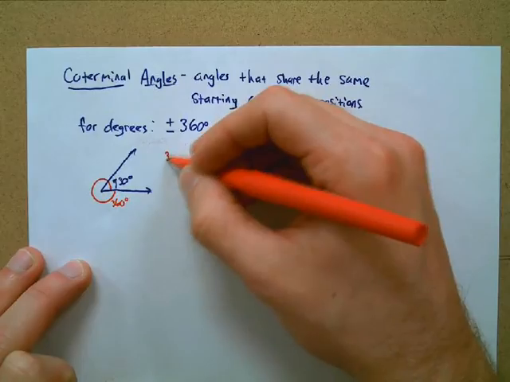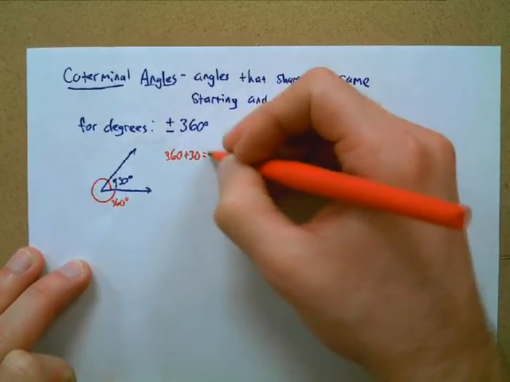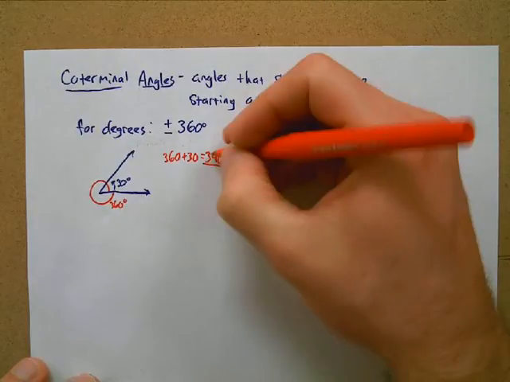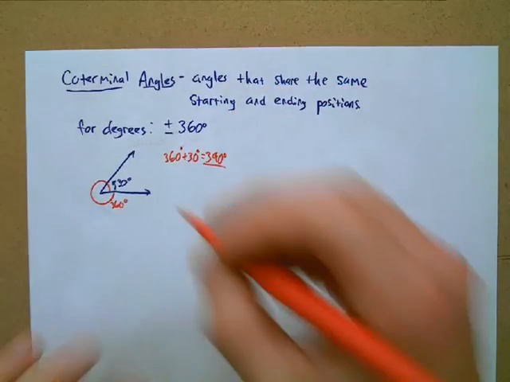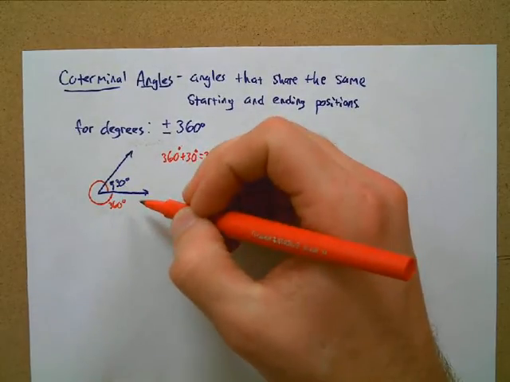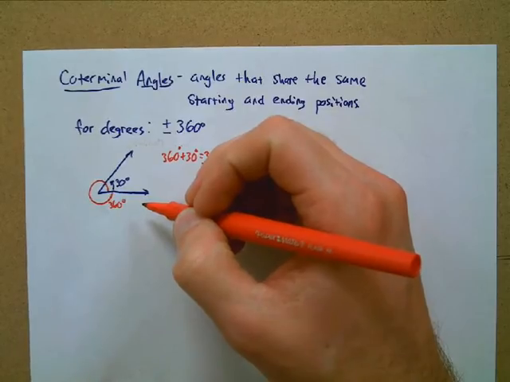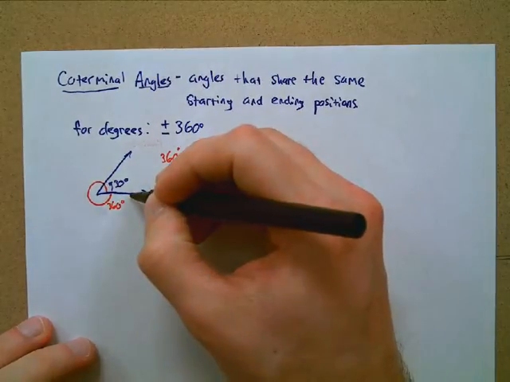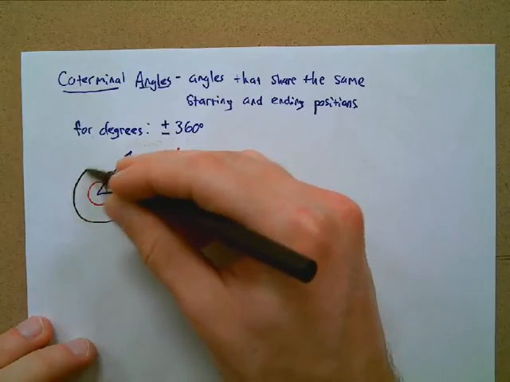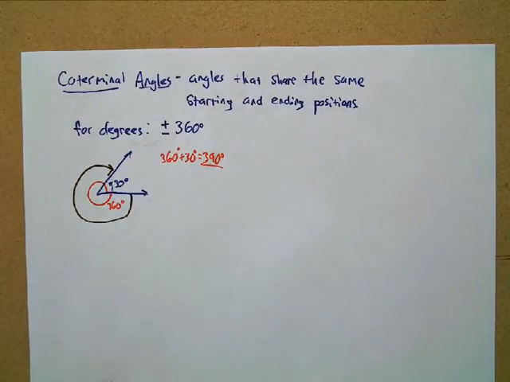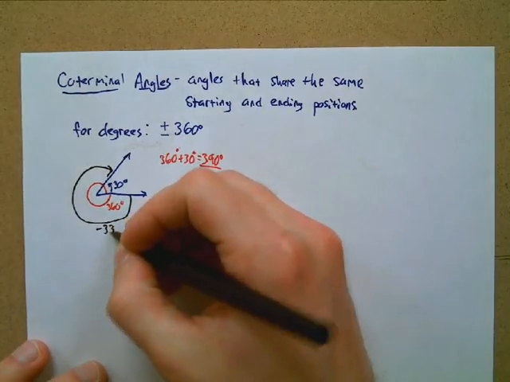But alternatively, we could subtract. We could do 30 degrees, take away 360. So 30 minus 360 would take us the other direction because we're going to have a negative angle. It would take us around this way to right there. 30 minus 360 is negative 330 degrees. But they both get us in the same position.